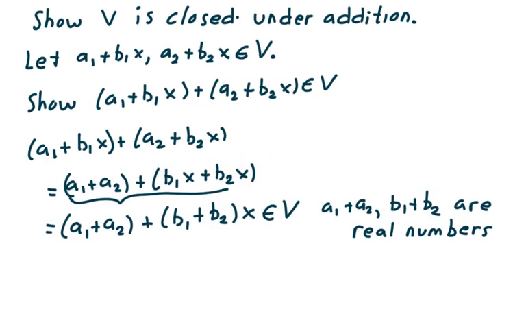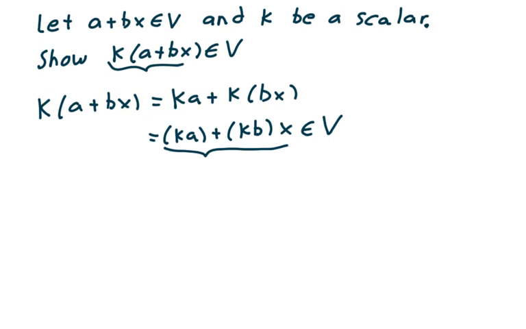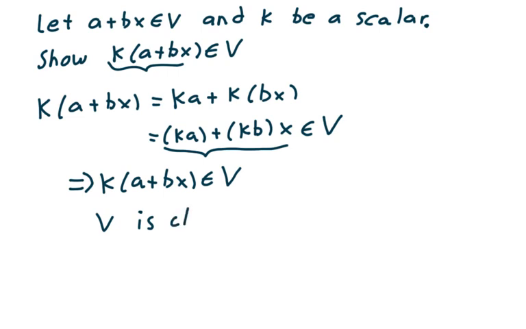It takes on this form. And so that implies k times a plus bx belongs to V, and V is closed under scalar multiplication.